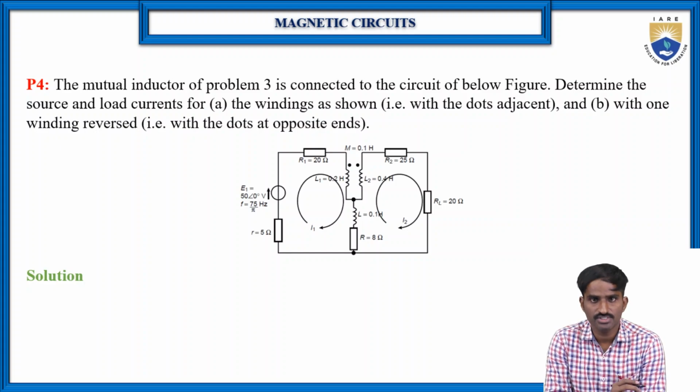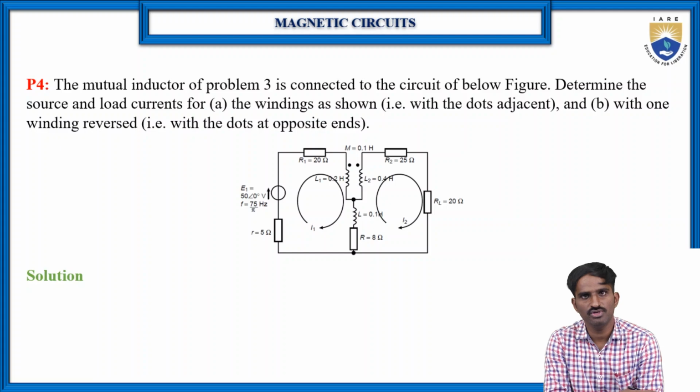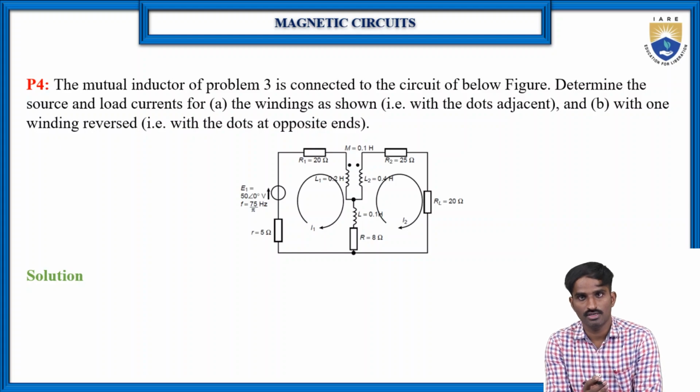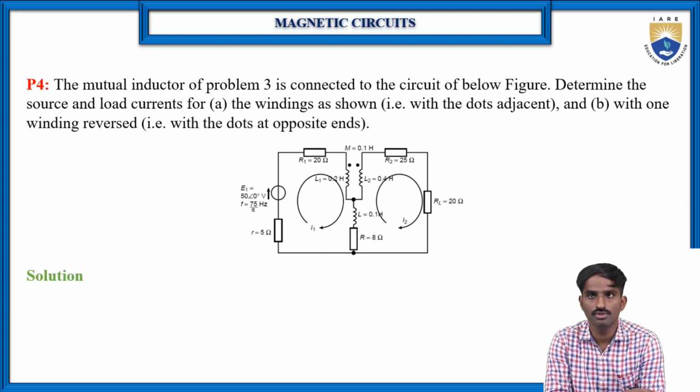First, let me read the problem. The mutual inductor of problem 3 is connected to the circuit of the below figure. Here we have to consider some parameters from problem 3 also, and determine the source and the load currents, for windings as shown, that is with the dots adjacent, and with one winding reversed, that is with the dots at opposite ends.